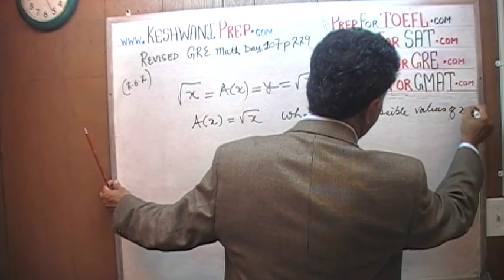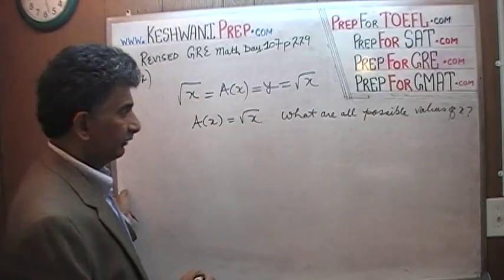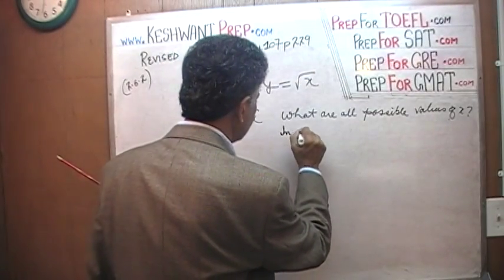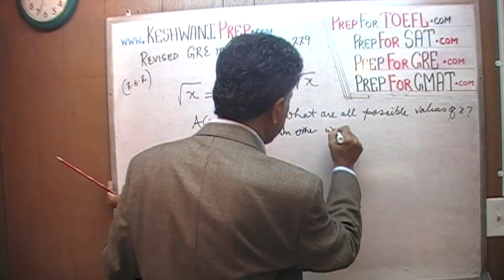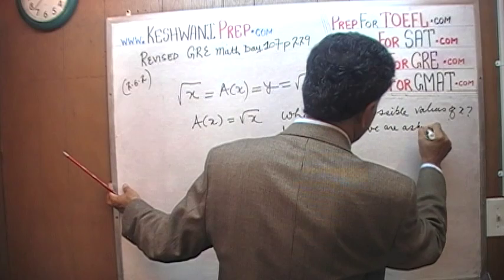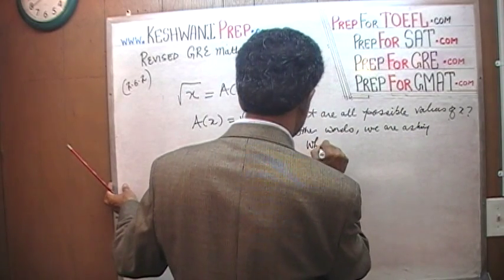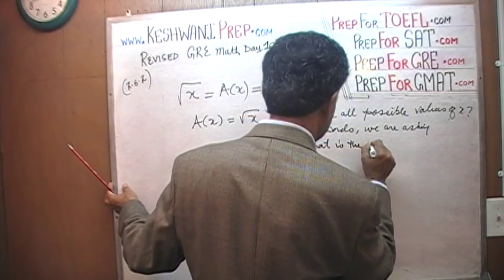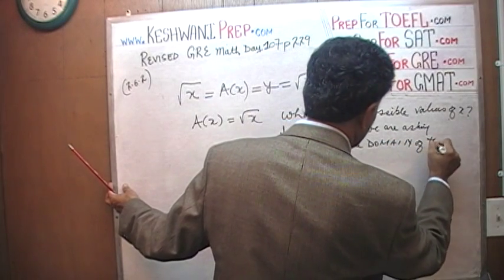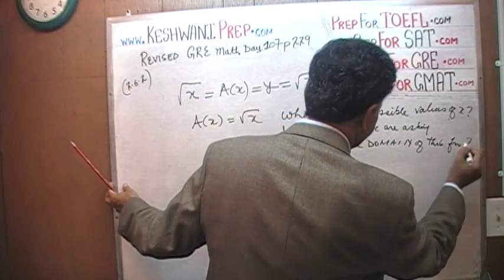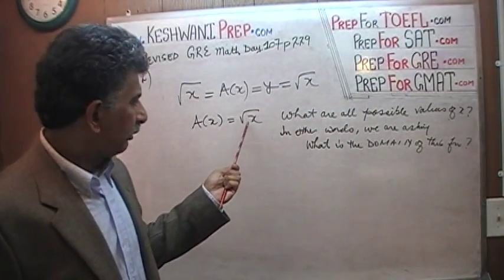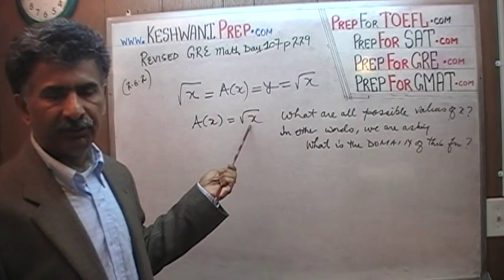In other words, what we are asking is, what is the domain of this function? Which is the same as asking what are all possible values of x that we can have in this relationship?